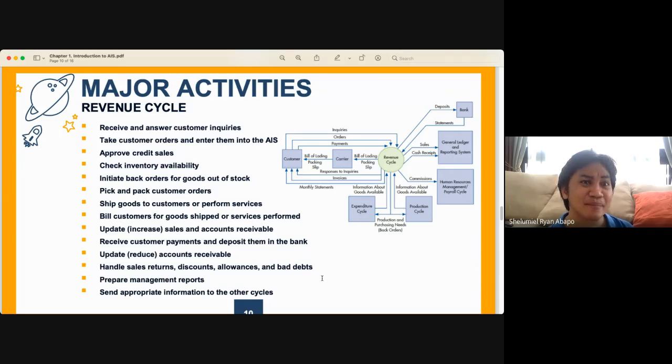Kasi isang person lang naman or isang entity, different lang yung customer orders, kasi ang nangyayari is umorder ulit, within the period na pwede mong i-serve sila, isahin mo na lang yung sales order na yan. And then once the sales order has been completed, na-comply mo lahat ng orders nila, then they're ready for shipment to your customers. Afterwards, you bill the customers based on the agreement na 50% upon delivery.